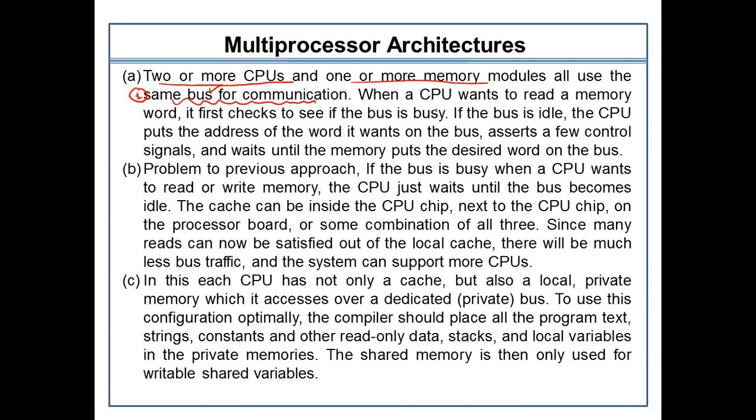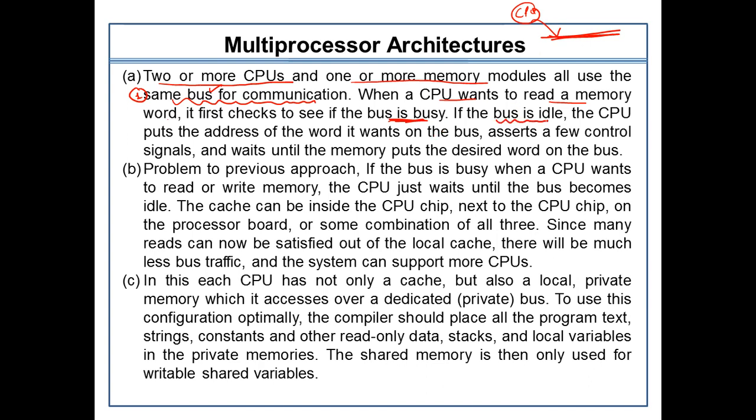The idea for this kind of architecture is that whenever the CPU wants to read any content of the memory, first of all, it needs to check whether the bus is idle or busy. If the bus is already occupied with some data, then the CPU has to wait for the bus to become idle.